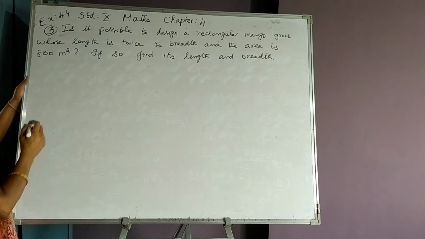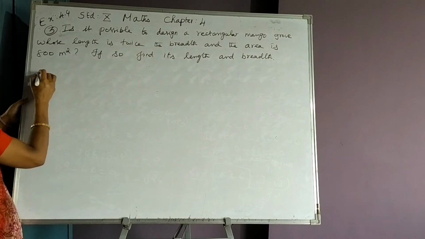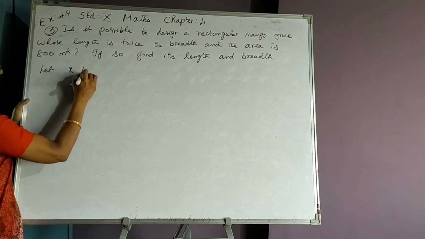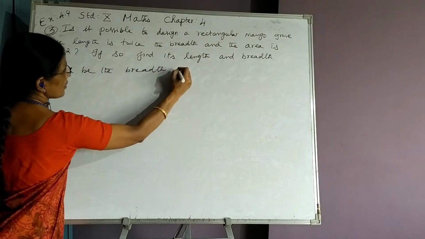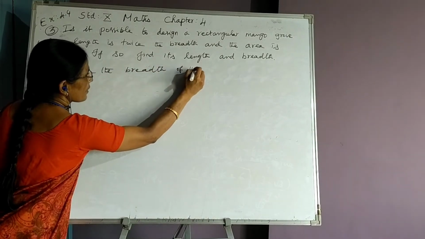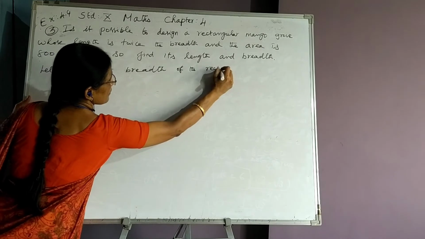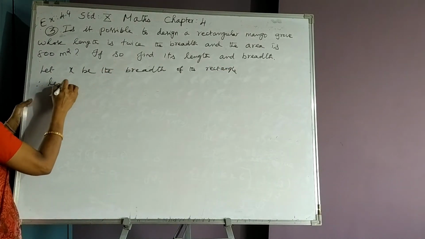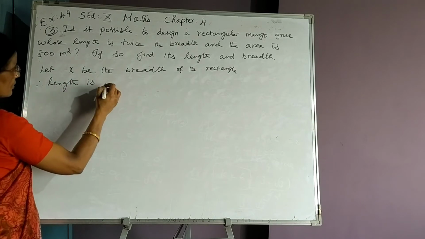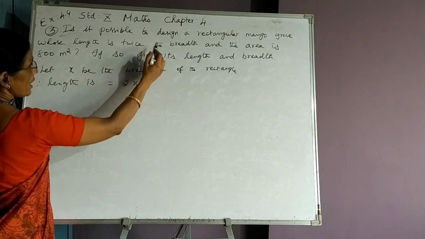Okay, so let us take the breadth as x. Let x be the breadth of the rectangle. Therefore, length is 2x, twice the breadth.